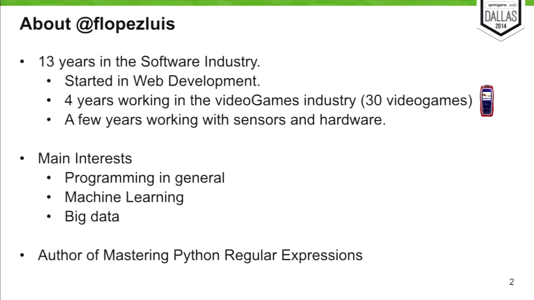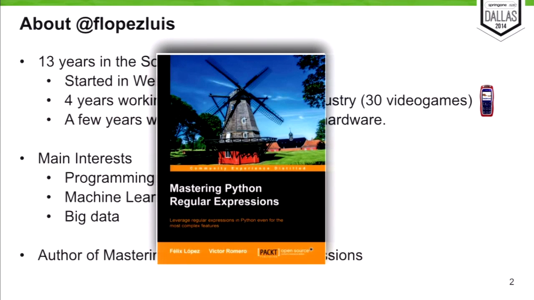In those days, I created about 30 games, and after that, I spent a few years working with sensors and hardware, working in the Internet of Things. We built a sensor network to control and monitor the public lighting system in some cities in Spain. And now I'm working in data migration for Satellite Cloud. My main interests are programming in general, machine learning, big data, and I'm also the author of Mastering Python Regular Expressions. Okay?